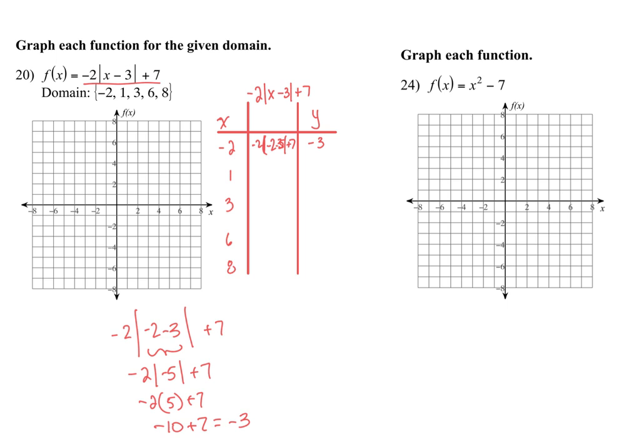So if I plug in a 1, I'm going to get +3. If I plug in a 3, I'm going to get 7. If I plug in a 6, I'm going to get 1. And if I plug in an 8, I'm going to get -2. All right.